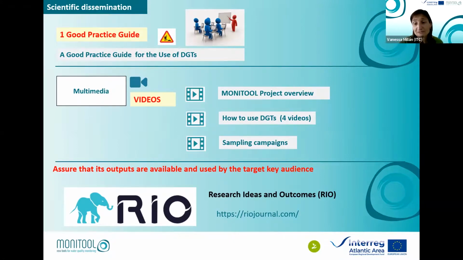And finally, returning to the initial objective of assuring that its outputs are available and used by the target key audience, the consortium has discussed creating a MONITOOL collection on Rio Journal as part of the capitalization work package.